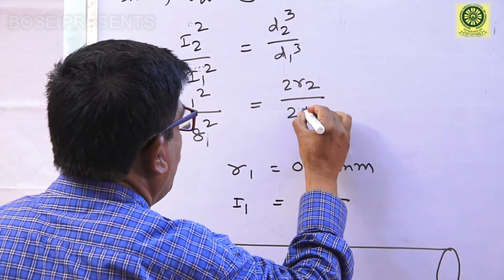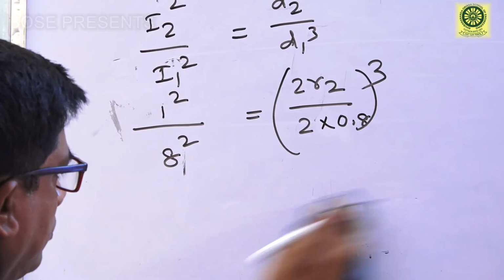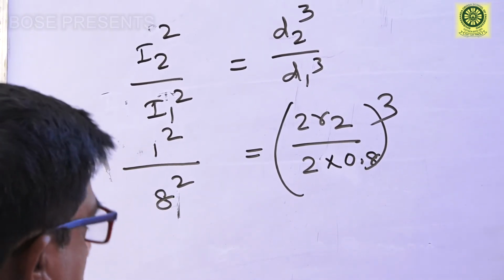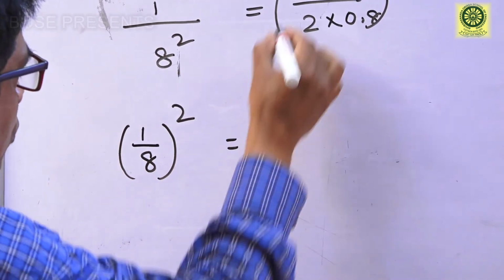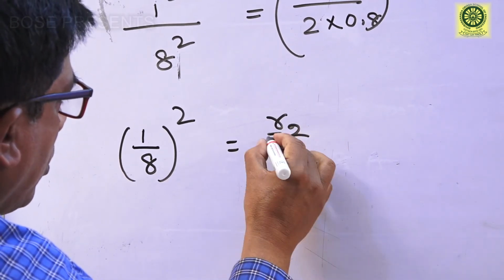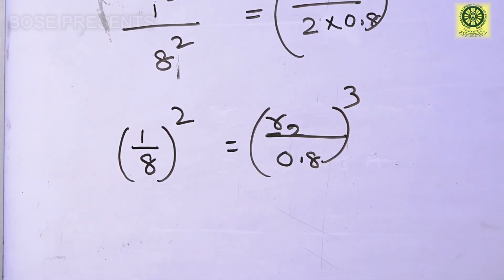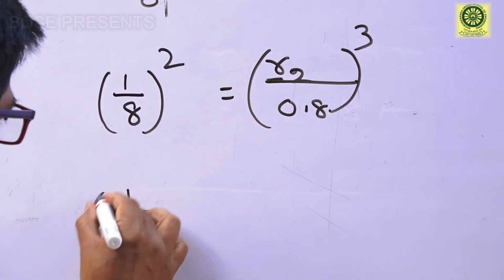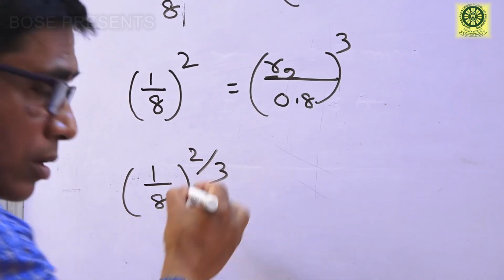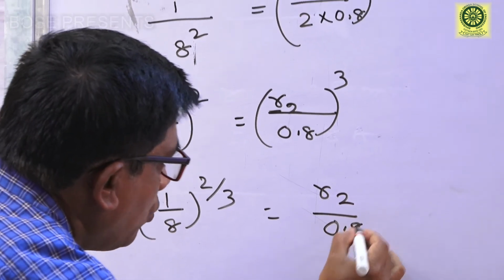So I can write 1 by 8 whole square is equal to, cancelling the 2, R2 by 0.8 whole cube.